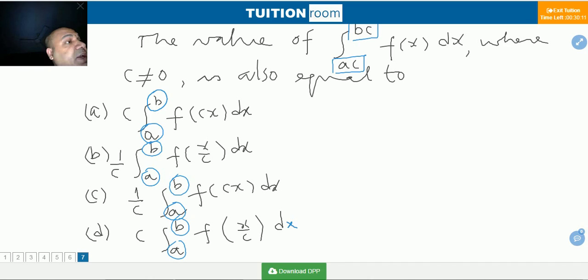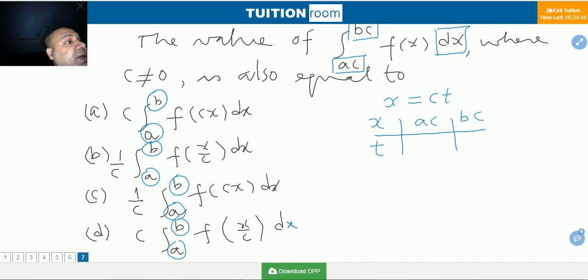We should make a substitution which will convert the limits to a to b. And that substitution will be, since c is there, x can be substituted by ct. So we are going to change the limit first. Here the integration variable is x, limits a into c, b into c, and my new variable is t.